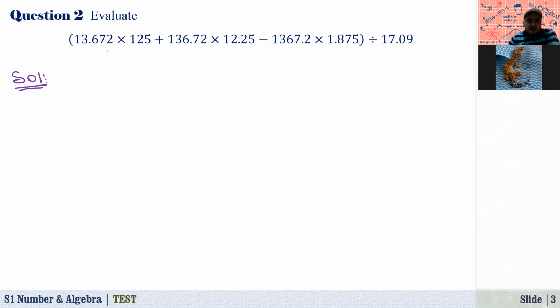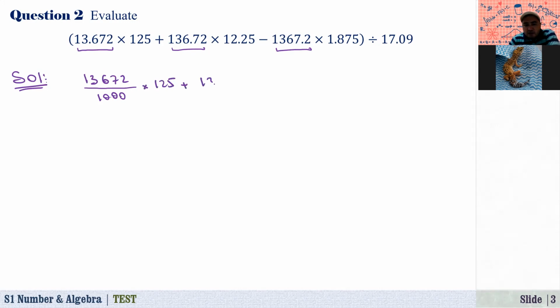So if you notice these numbers, if you ignore the decimal point, they are the same numbers, right? So that means that the first one, 13.672, I can write as 13672 divided by 1,000, times 125.